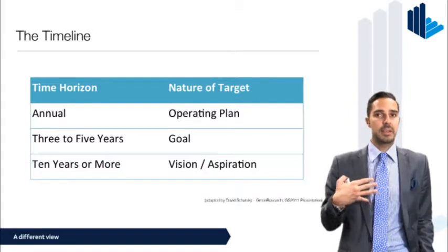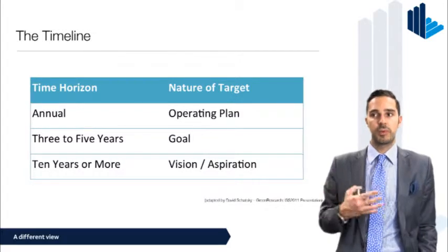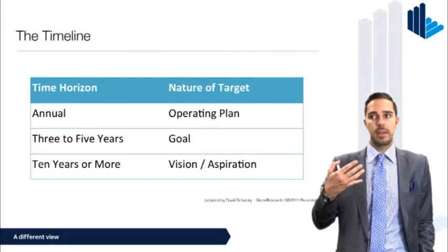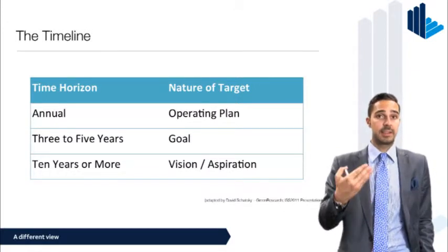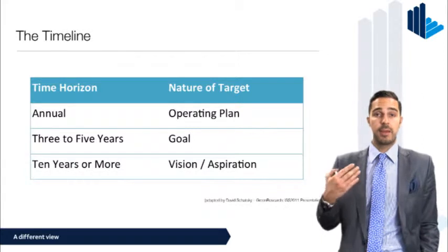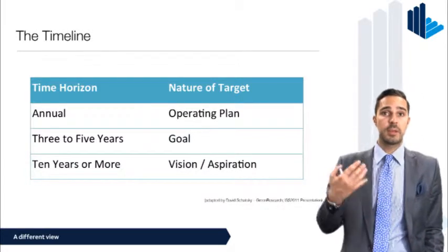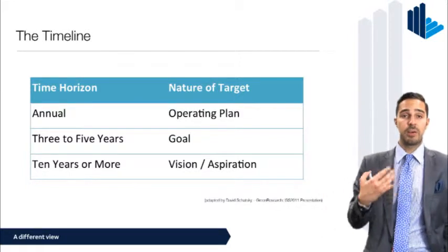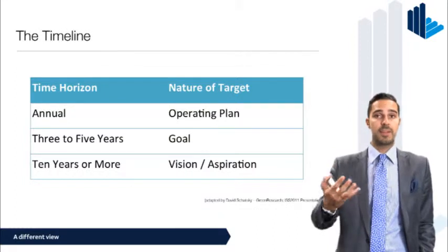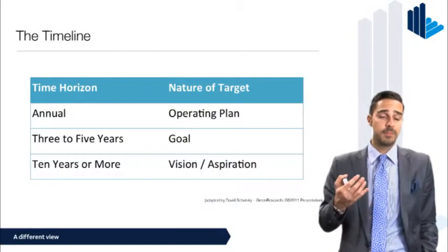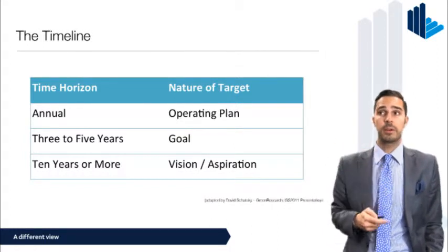When you define plans that have a timeline of 3 to 5 years, these are really clear strategic goals. When you define targets that refer to months or a 1 or 2 year horizon, they are operating plans. So you implement sustainability at different levels and you establish goals both in the short and long term.